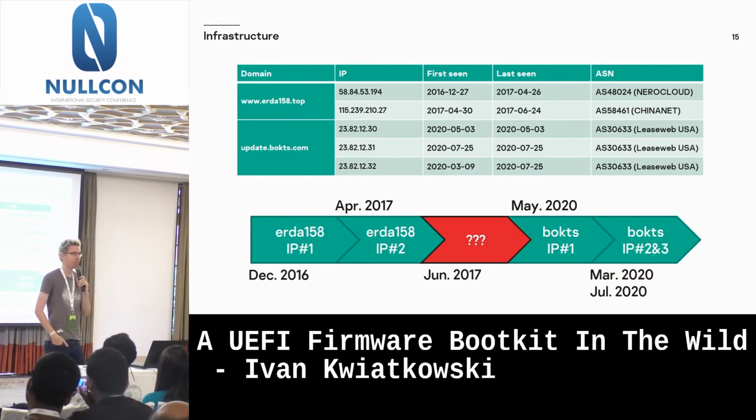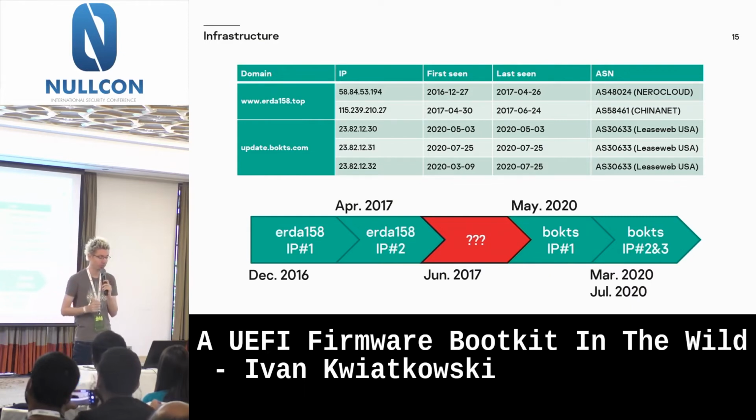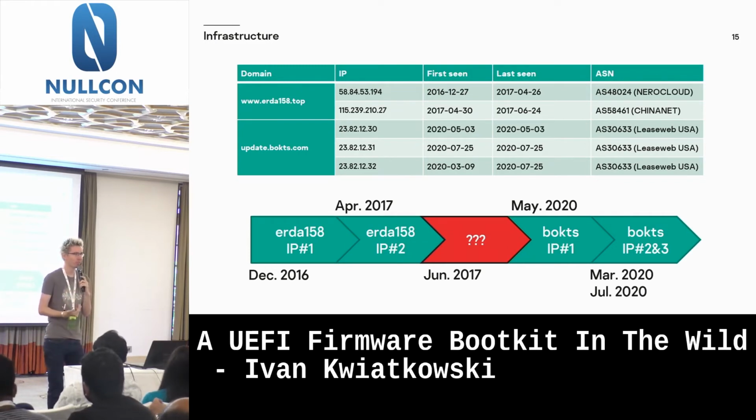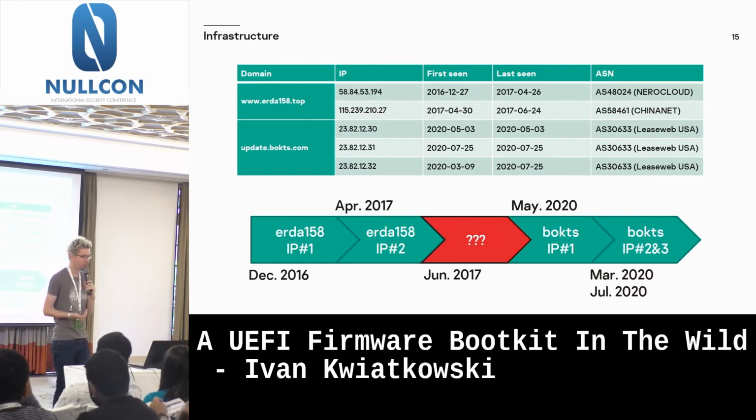You will notice that there is a 3-year gap between the activity periods of the two domains, so between variant 1 and variant number 2. And it is possible that during this time, the attackers were controlling the victim machines through other means, like they don't really have to use this inefficient bootkit that only executes one thing every time the computer starts, but I would expect that in the meantime they would deploy some other type of malware and they would use that to control the victim machines.